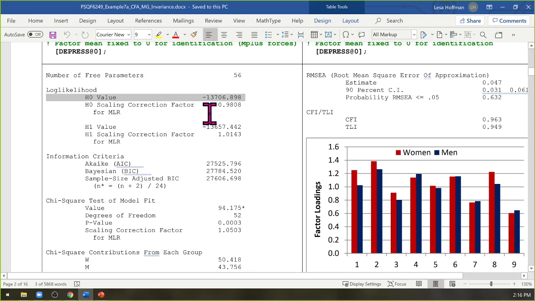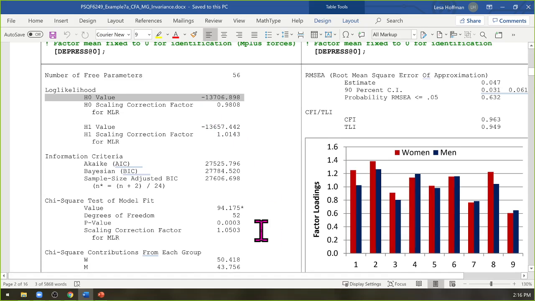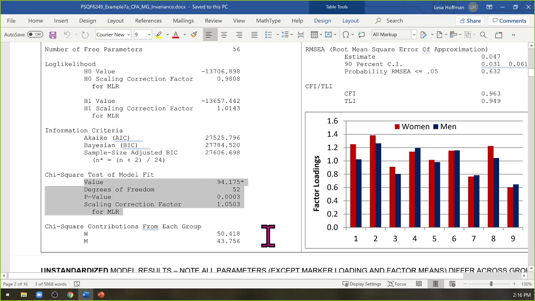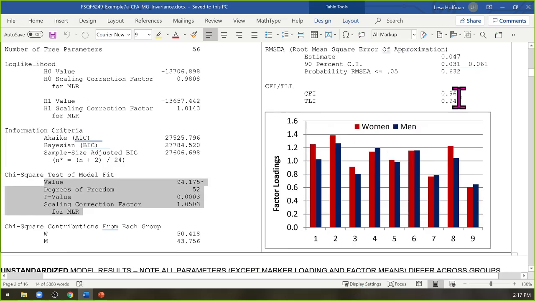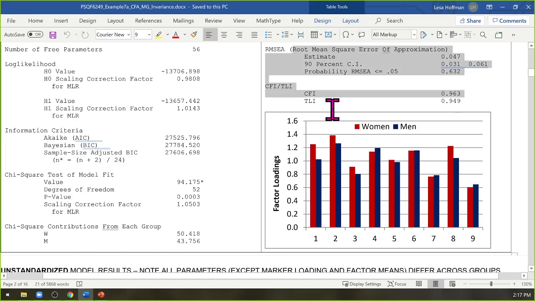So there's only one H0 model that's describing simultaneously the fit of the model to the women and the fit of the model to the men. And as we said before, this is as good as it's going to get. So even though we don't have perfect fit, our chi-square test of how much shorter our H0 model is than the H1 model is significant. The rest of the fit statistics look pretty good, so we can proceed with this as a reasonable starting point.